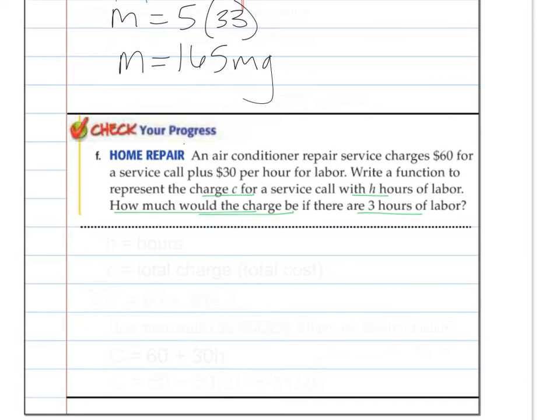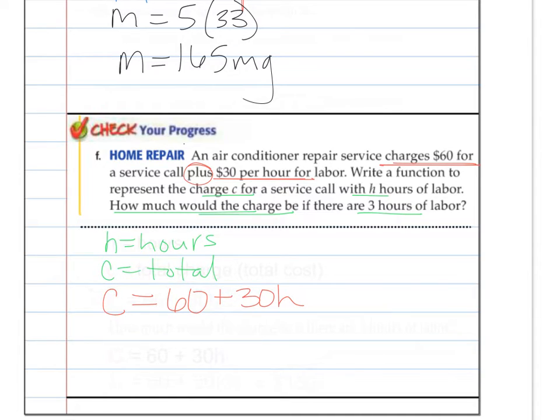Okay, so I'm going to use some variables to represent some things. H is hours of labor. C is the total charge or total cost of the service. So what I'm looking for is the total cost. How I reach my total is, after the equal sign, I notice that we're charging 60 no matter what plus $30 per hour. So I'm paying 60 plus $30 for every 1 hour worked.